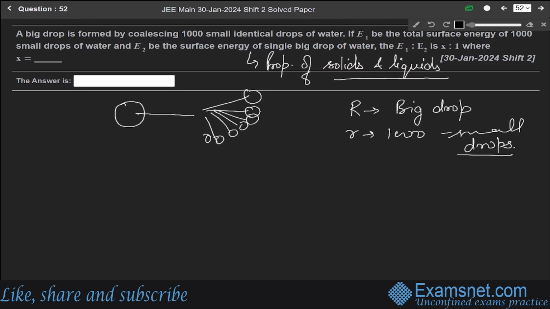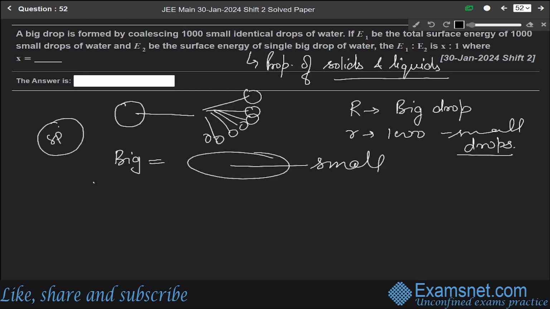Now the volume of the one big drop will be equal to the sum of the volume of all the small drops. Since a drop is in the form of a sphere, the volume of the big drop is 4 by 3 pi R cube. It will be equal to 4 by 3 pi small r cube into 1000.